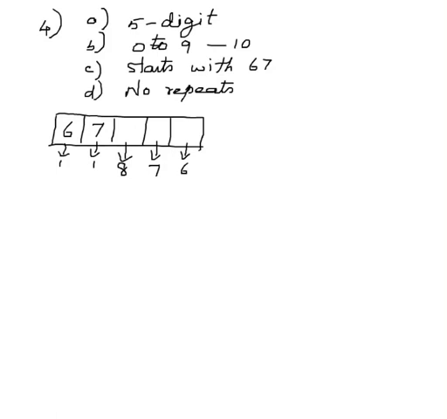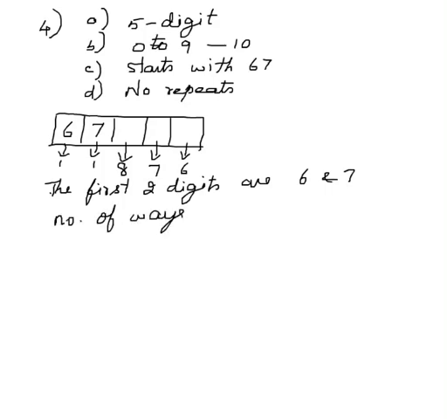So let us write the answer. The first 2 digits are 6 and 7. Number of ways for the third digit is equal to 8 because repetition is not allowed. Out of 10 digits, already I have used 2 digits.